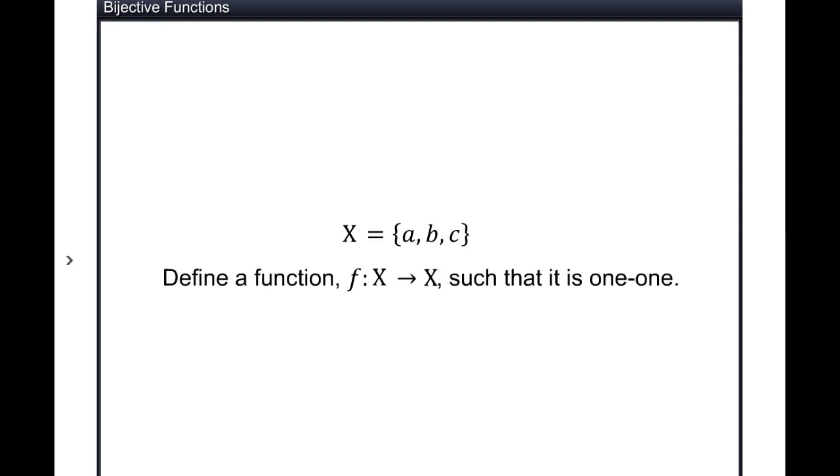Consider a finite set X with the elements a, b and c. Let us define a function f from X to X such that it is a one-to-one mapping.